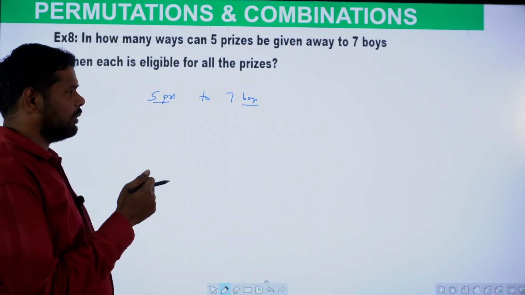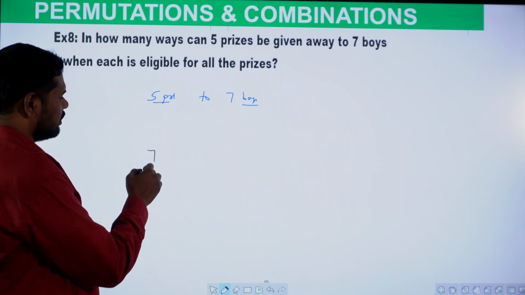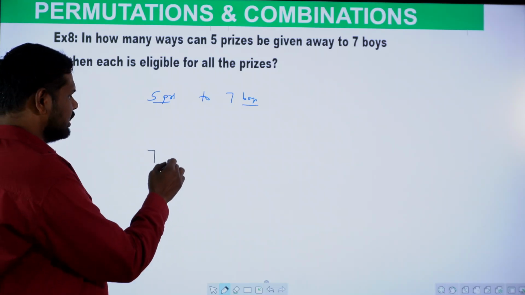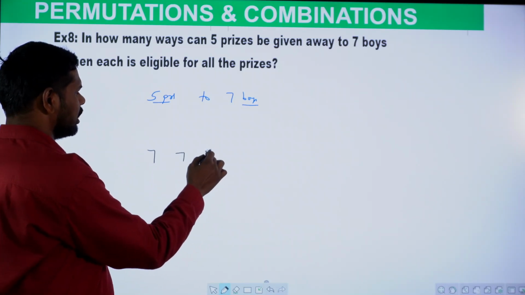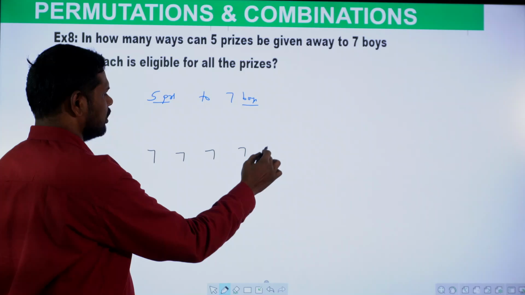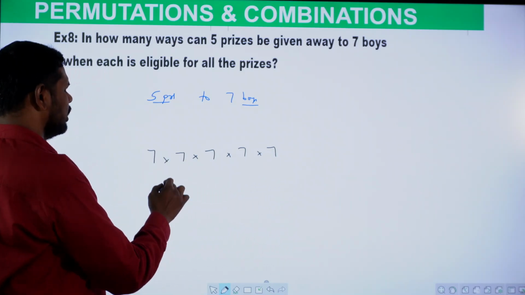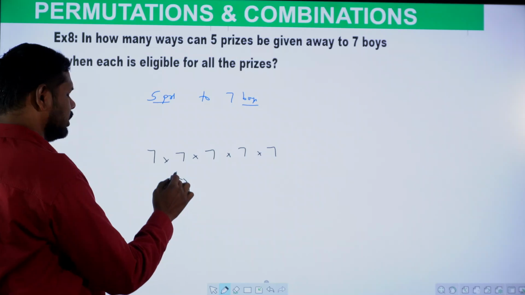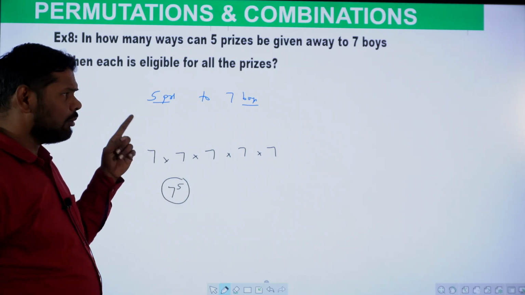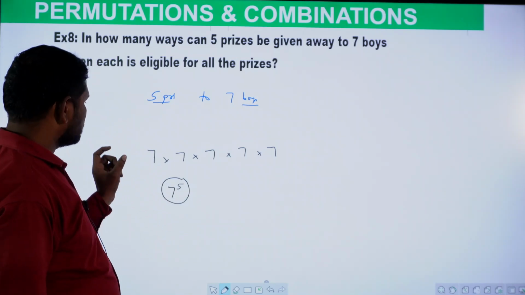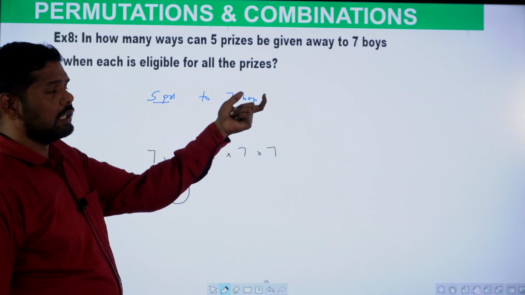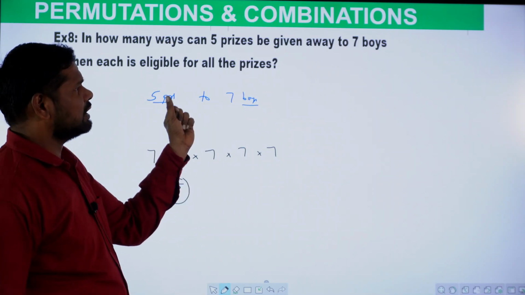Just only 5 means that's why first prize goes to any one of the 7, second prize goes to any one, third prize, fourth, fifth. So why means all are eligible for all prizes. So first prize can go to any one of the 7. Second prize also any one of them.